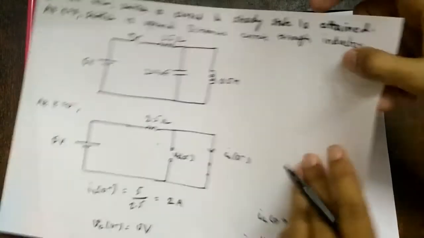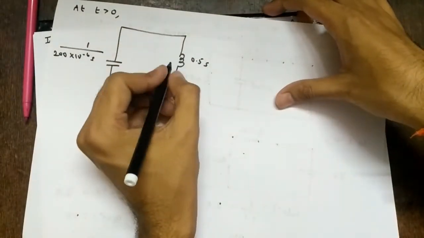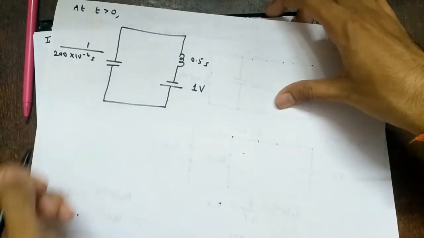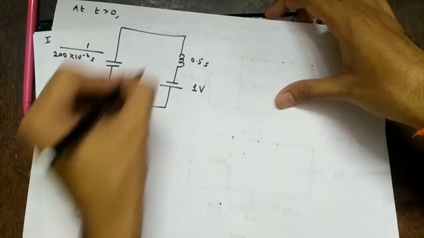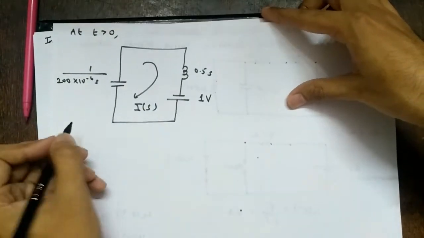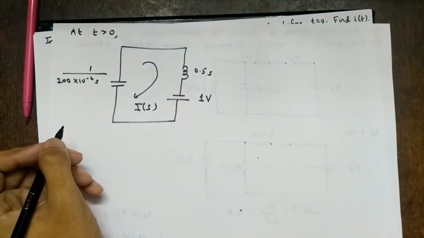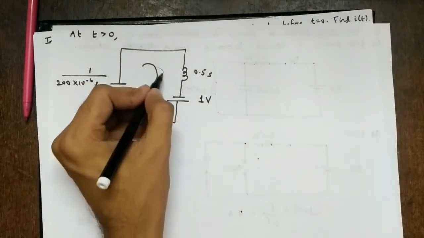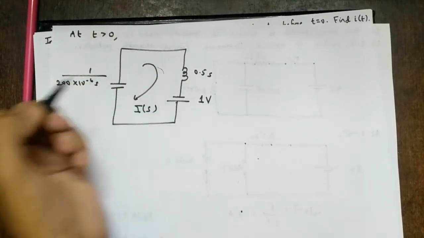L into I of 0 for the voltage source. So L is 0.5 and I of 0 is 2. So 0.5 into 2 is 1. So this is 1 volt, right? And the current I of t will become what? I of s, right? And we saw that the current is going downwards, so this will be minus up and plus downwards, right?